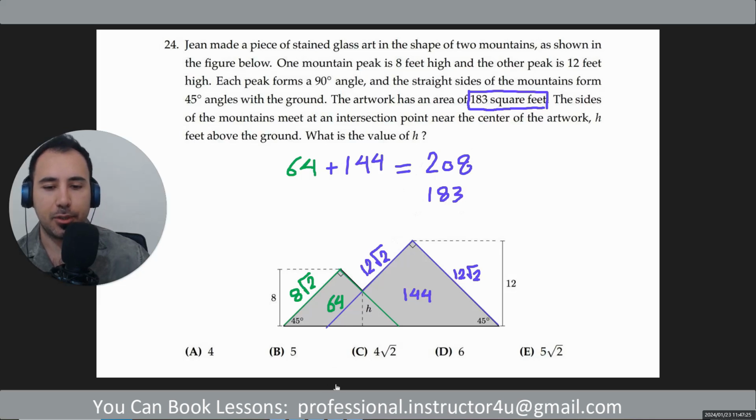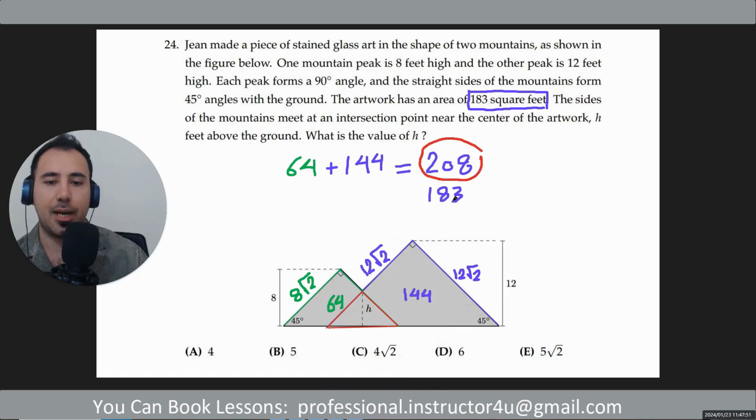Do you agree that we overcounted this area? When we were finding the purple area, we already counted this part. And when we did the green area, we counted it again. So that's why this one is more. That's why this one is 208.